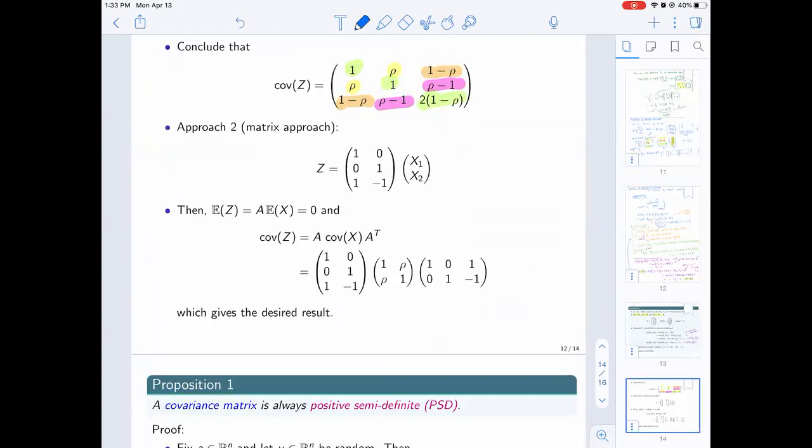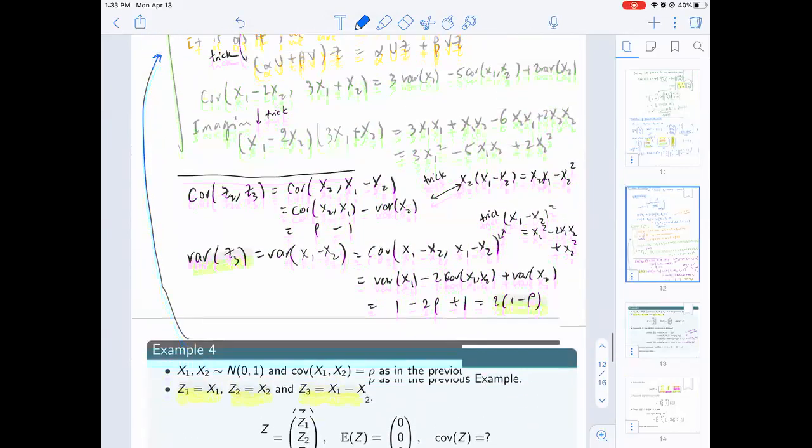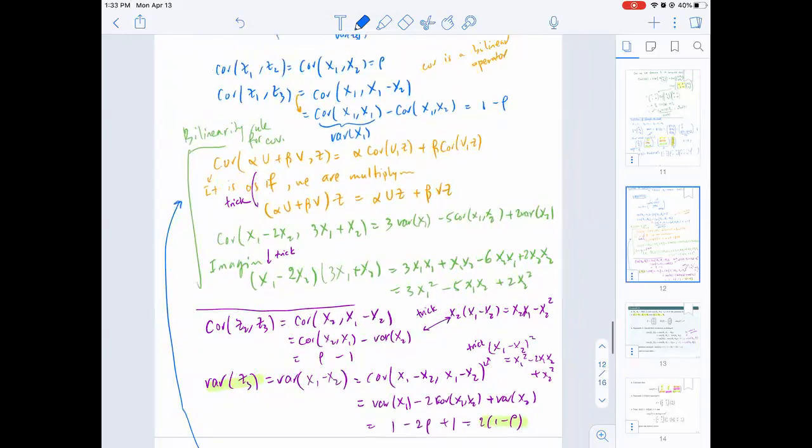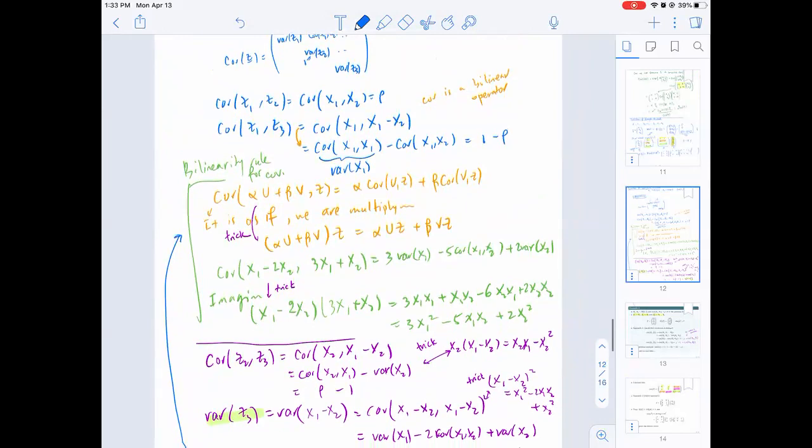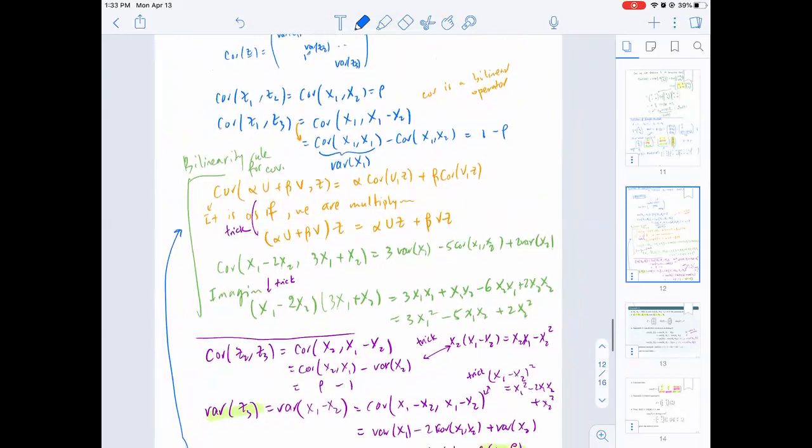Professor, can we go back to where we compute directly? This one, yes. For the part in blue, for the last term, for example, the covariance of x1 minus 2x2 and 3x1 plus x2, should the last term be minus 2 variance x2? You're right.